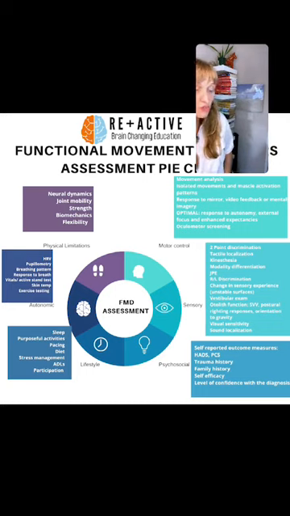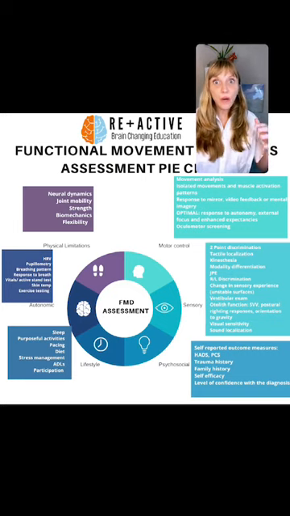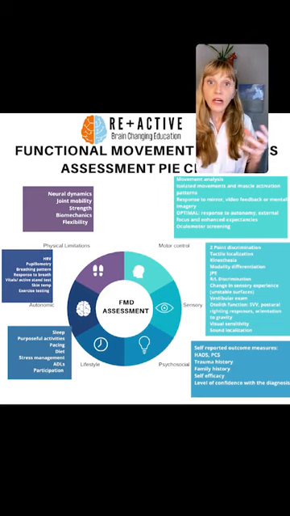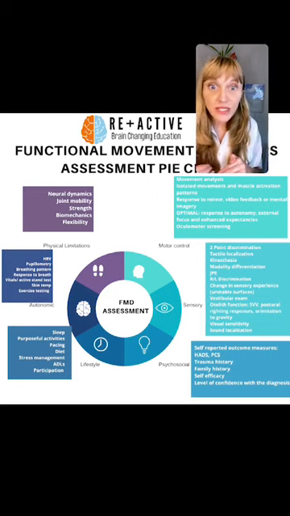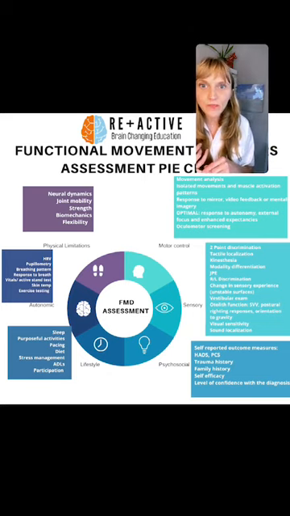From a psychosocial realm, this is where I love having a neuropsychologist who can dive in to both the emotional world, mental health world, cognitive world, and dig into some of this history: family history, trauma history, history of anxiety and depression.